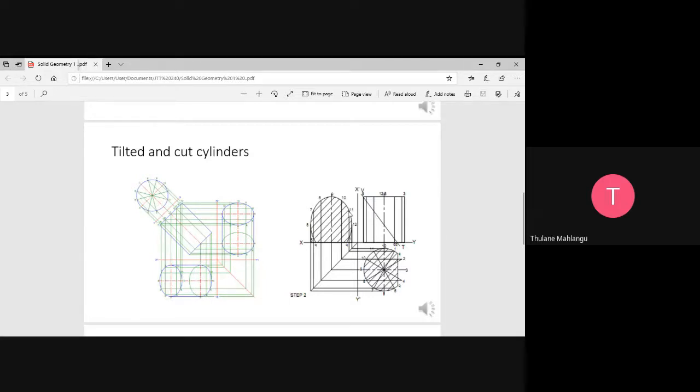So projecting that point across where it meets with 11, the point 11 there, from the top view, this will be your point there. This is where the cutting plane cuts the cylinder, right there.